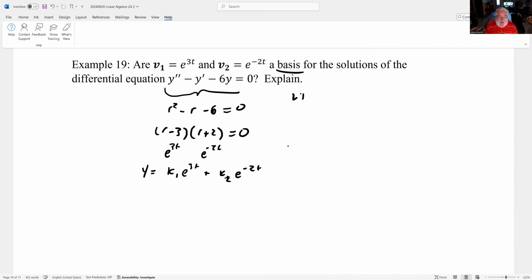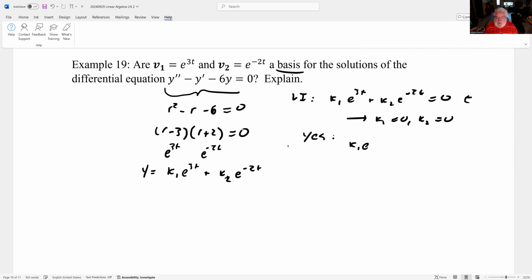Well, is it linearly independent? K1 e to the 3t plus K2 e to the minus 2t equal to 0 forces K1 equal to 0, K2 equal to 0. And the answer is yes, right? If we take this equation and multiply through by e to the 2t, we get K1 e to the 5t plus K2 equals 0, or K1 e to the 5t equals minus K2.